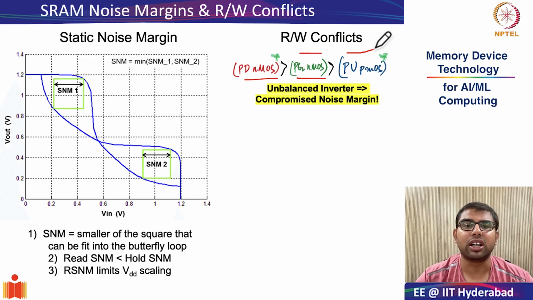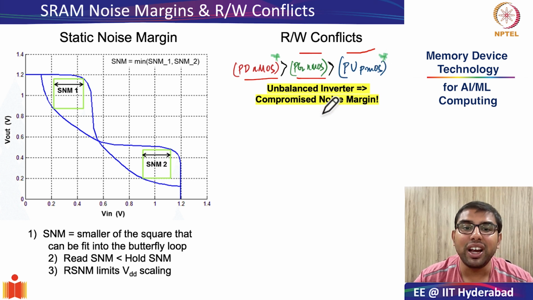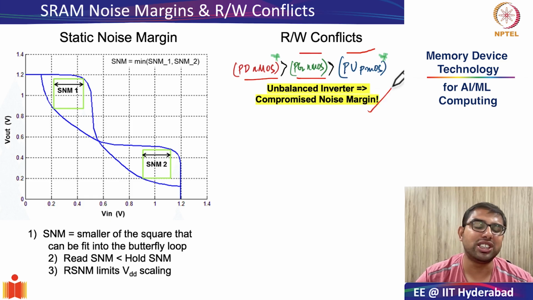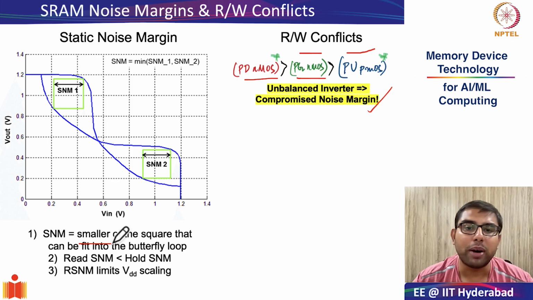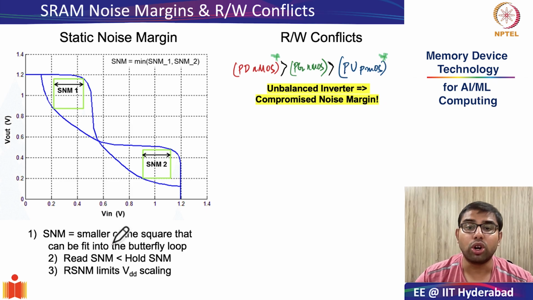As a result, PD-NMOS should be much stronger than PU-PMOS. But this gives you a very unbalanced inverter design, and this will compromise your noise margin, because remember, noise margin was the smaller of the square that can be fit into the butterfly loop. So having any kind of unbalanced inverter design is not good for noise margins.